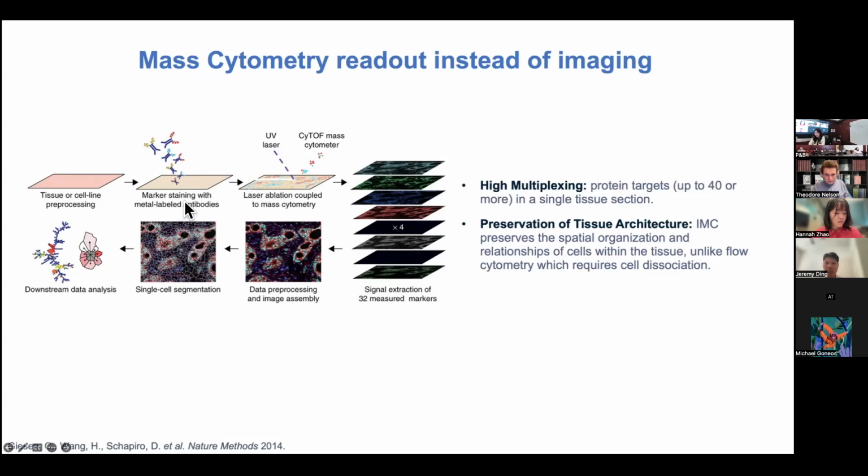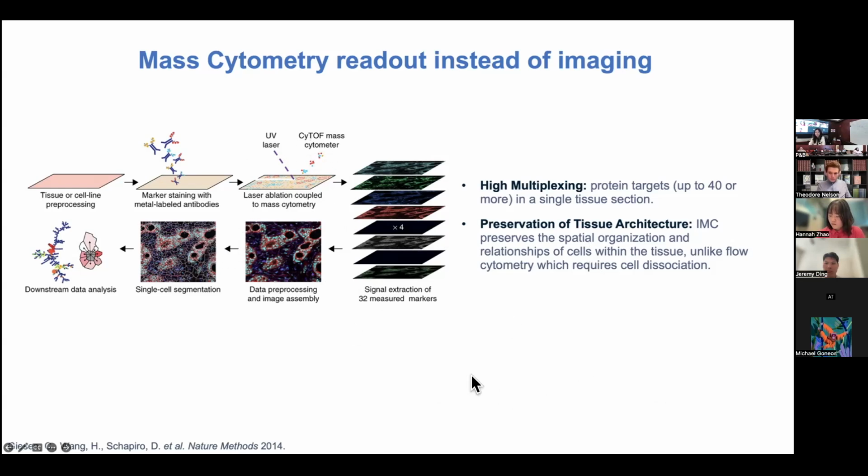You're still using antibodies, but now they're metal tagged, or you can have different tagging methods, and you ablate every micron of the tissue and run it through mass spec. The result is that every pixel has its own mass spec results, and you can reconstruct it back into an imaging form depending on the metal tag mass that was detected in that specific pixel.